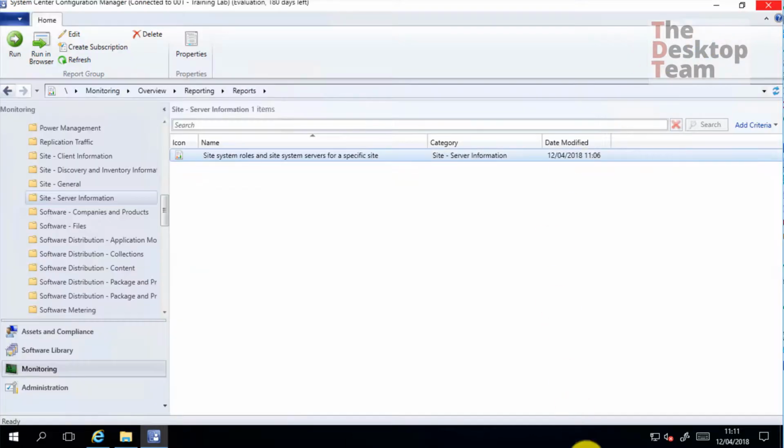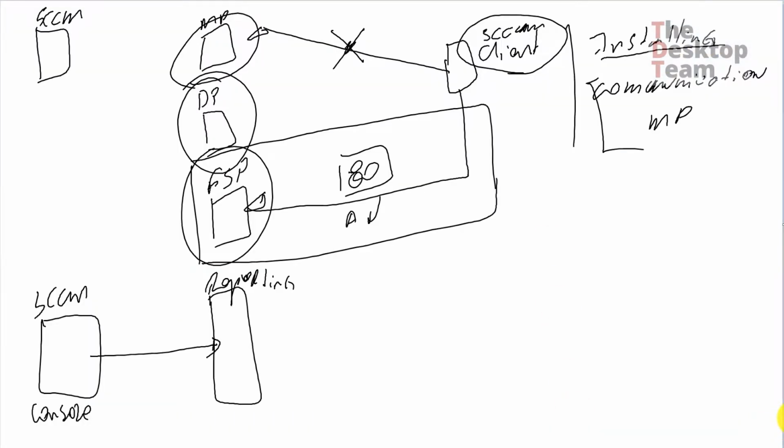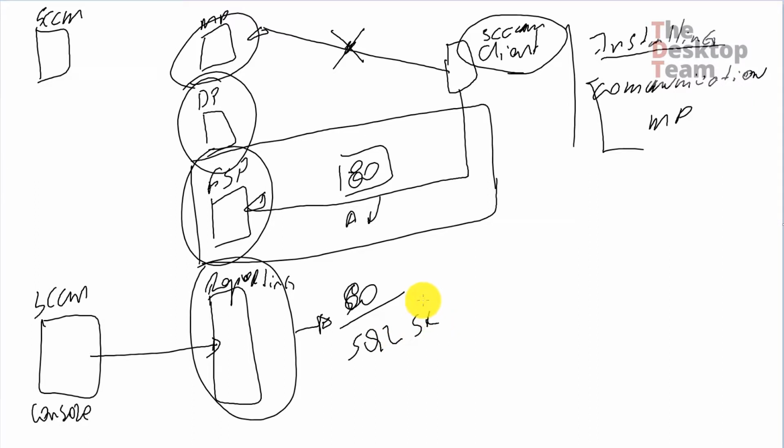So now everything is almost ready for us to install the client, but there are still lots of things we need to do. We have the reporting, which is basically port 80 as well, using SQL Server Reporting Service.